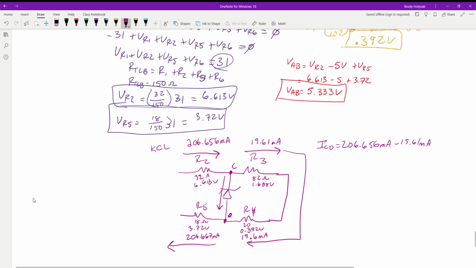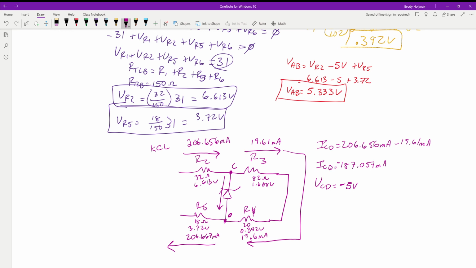So what we end up with is our ICD is equal to 187.057 milliamps. Now remember, what was our voltage going through the capacitor? 5 volts. Negative 5 volts. Our current's going to follow polarity, so it'll be negative as well.